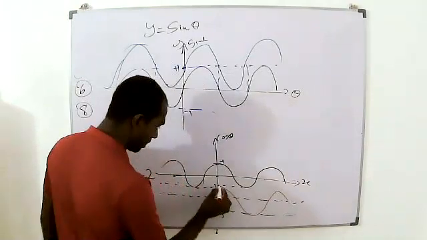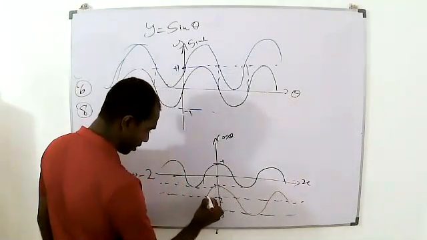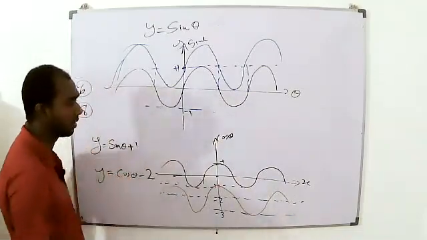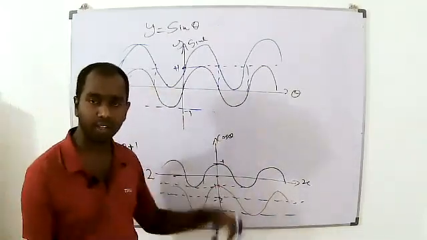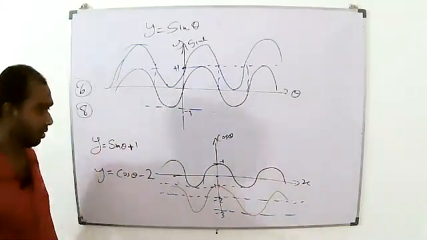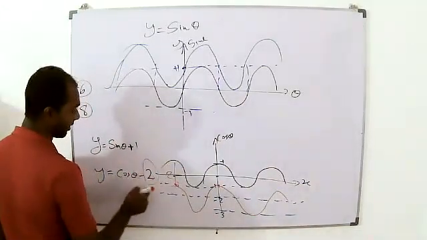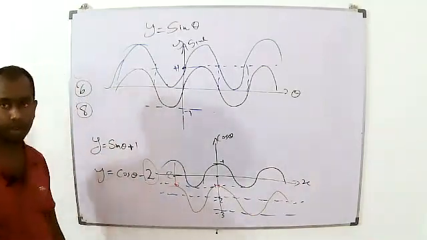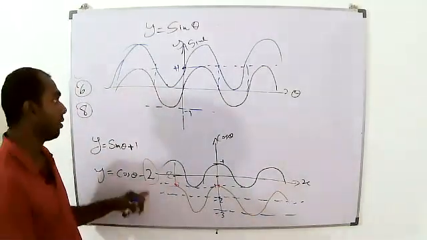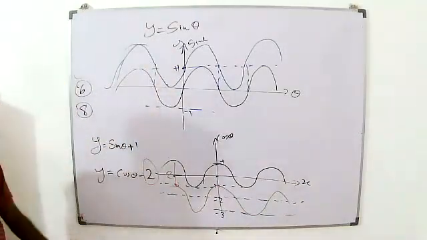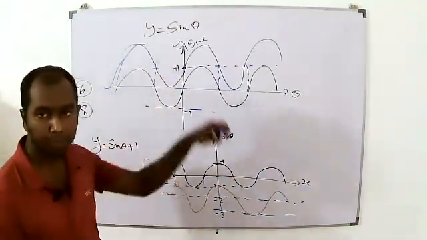Like this. All these points are transferred 2 units downward, because 2 units are subtracted externally. So if a change is given externally, the graph is going to move up or downwards.